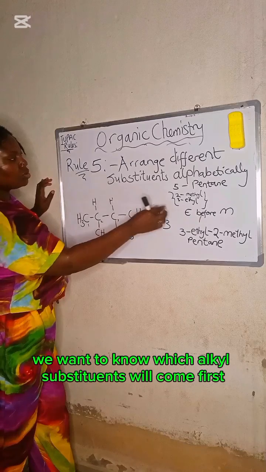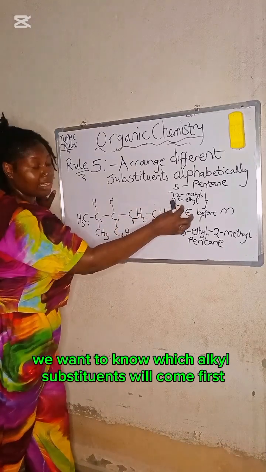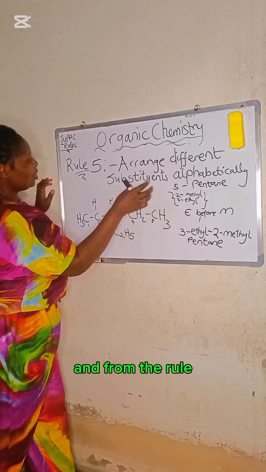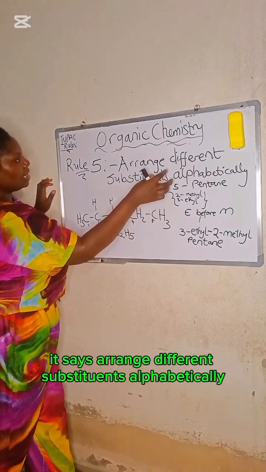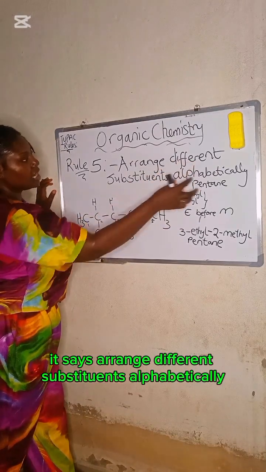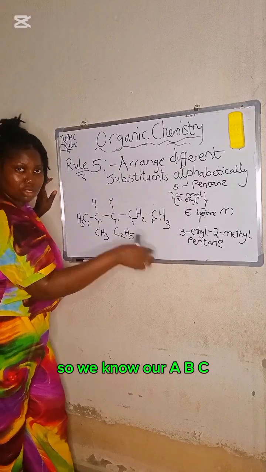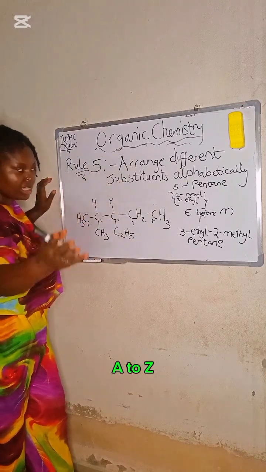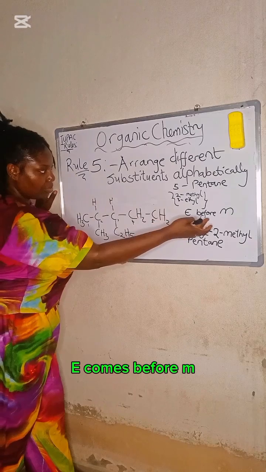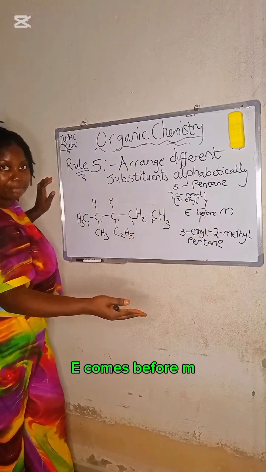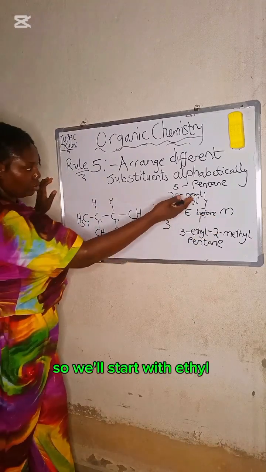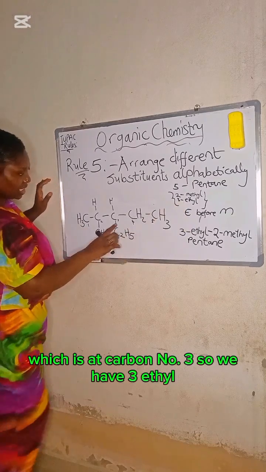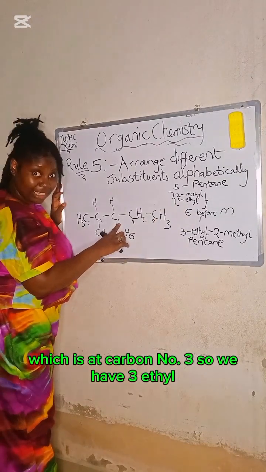Now we want to know which alkyl substituent will come first, and the rules say arrange different substituents alphabetically. So we know our A, B, C, D, E, F, G, A to Z. E comes before M. So we'll start with ethyl, which is at carbon number 3.